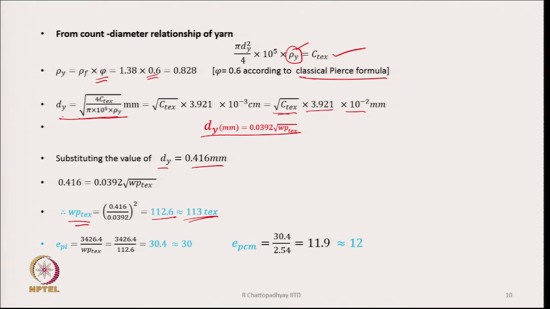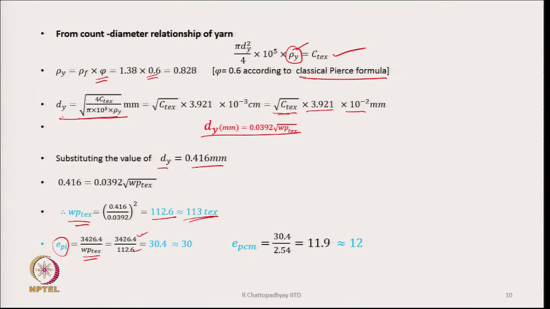And if this is the yarn count, then the ends per inch is going to be 3426 divided by the count of the warp yarn.